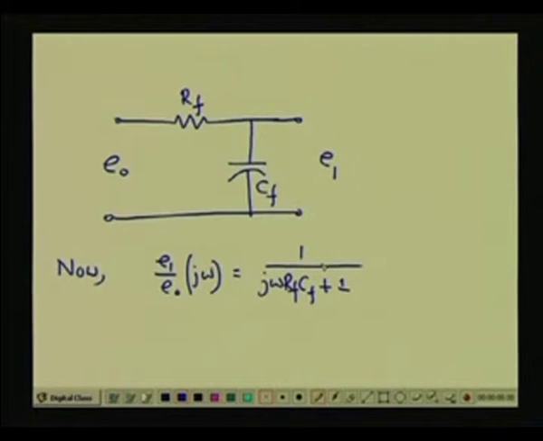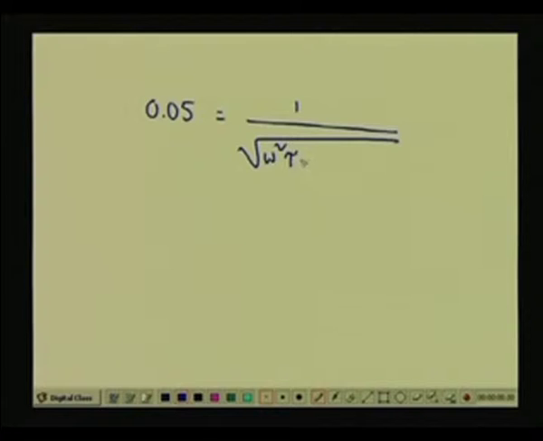If it is 9,500 hertz, then I can write the equation 0.05 equal to 1 upon root over omega square tau f square plus 1, where tau f equal to RF into CF, that is the time constant of the filter circuit we have just drawn, and omega is equal to 2 pi into 9,500.